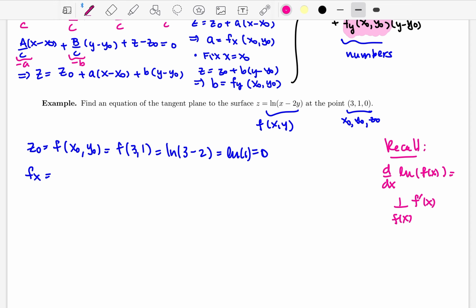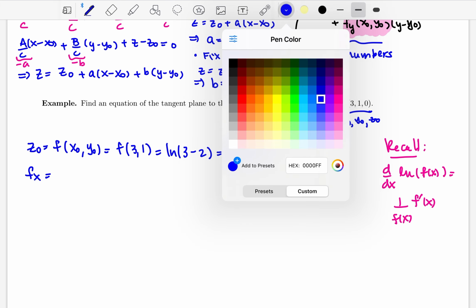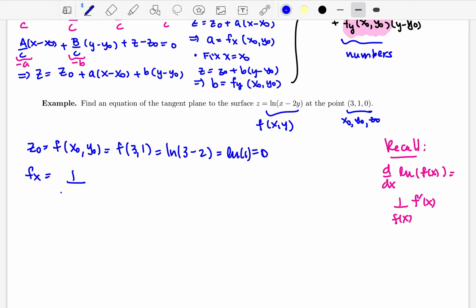Now that we're doing partial derivatives, it'll be exactly the same thing. So this is going to be 1 over the function, so x minus 2y, times the derivative of the function, but I'm going to do this with respect to x, okay?